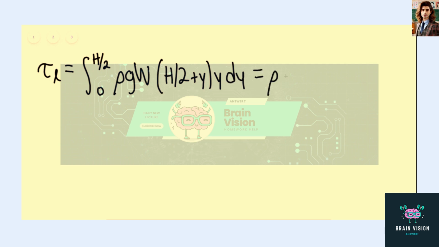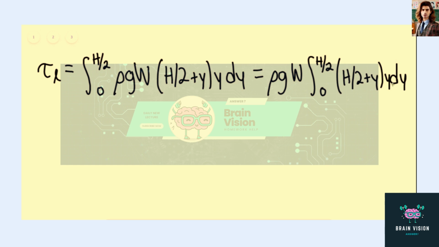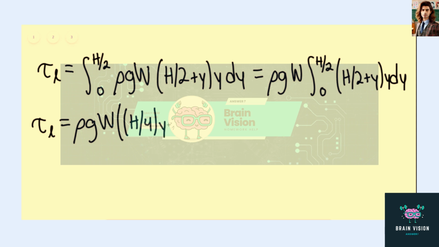This is going to equal the density times g times the width times the integral from 0 to h over 2 of h over 2 plus y times y dy. And the torque on the lower half would equal the density times the acceleration due to gravity times the width multiplied by h over 4 times y squared plus y cubed over 3, evaluated at 0 and h over 2.